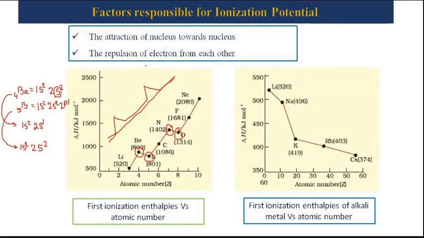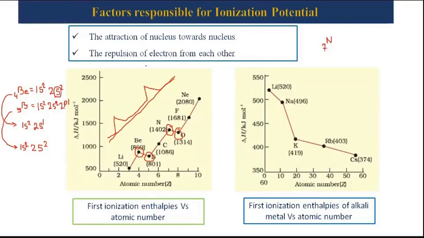ठीक है. अब p3 से ज्यादा स्टेबल क्या होगा? p6. p6 में क्या है? Maximum electrons in the p orbital can be 6 only, and if all 6 electrons are present in the orbital, it simply means that it has a stable configuration. ये बात याद रखिएगा. Any orbital tends to attain either a half-filled or fully filled configuration to define stability. ठीक है. अब देखिए, अगर मैं नाइट्रोजन की बात करूं तो in case of nitrogen the atomic number is 7.